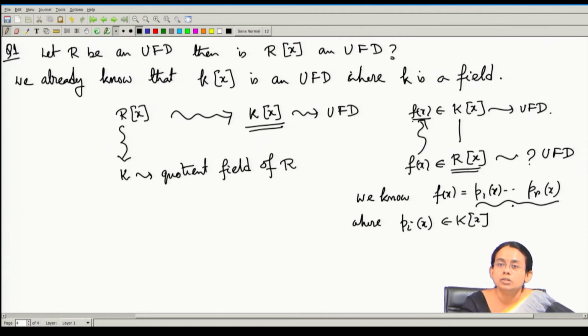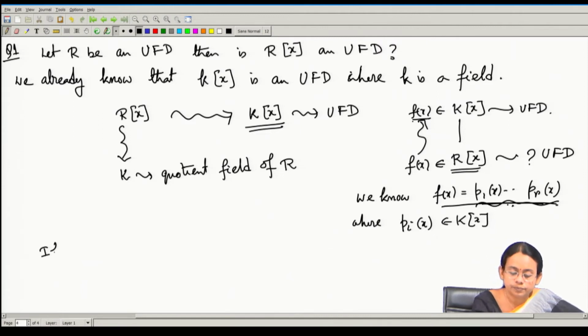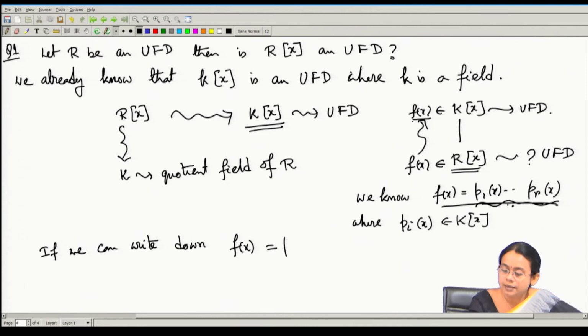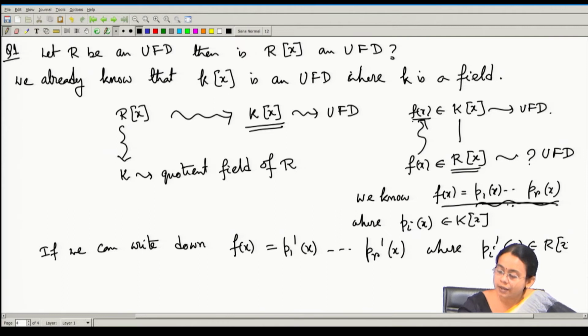So, the main thing that we have to understand is that of course we do not have any information about R[x], but the polynomial I can view as a polynomial in K[x], and in K[x] I know it is a UFD. So, I can factorize it in K[x] in a unique way, and now the question is, starting from this factorization, whether we can write f(x) as p1'(x) ... pr'(x), where these pi'(x) are in R[x] or not.